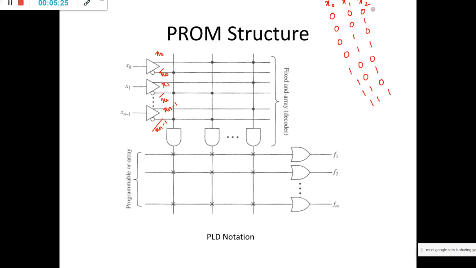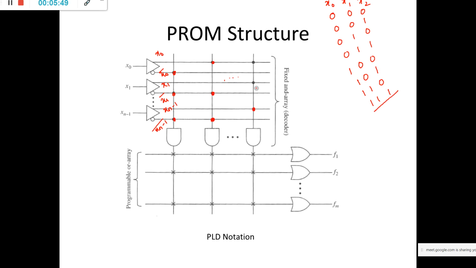So first we have 0 0 0, where the complemented values are used. Next we have the complemented 0 and the 1, giving 0 0 1, up till the last one, 1 1 1, which uses the true values.